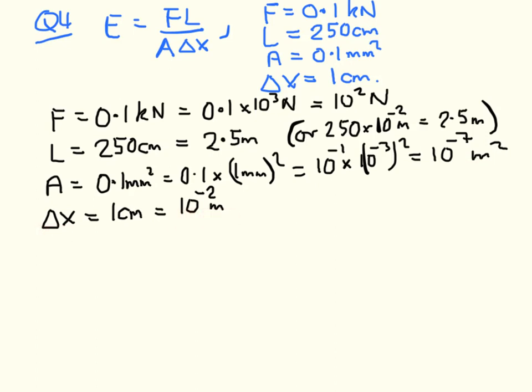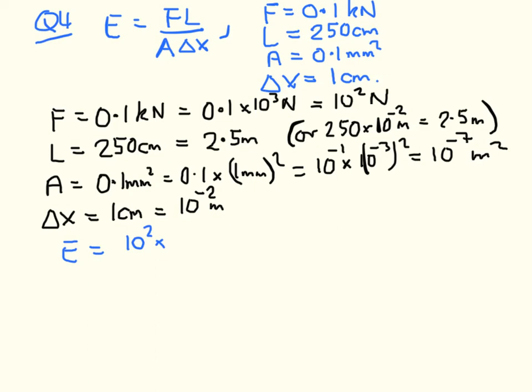So that means we can just substitute these values into our equation, and the wonder of the SI unit system, or any good unit system, is that the answer will then be automatically in SI units. So what do we say? E, F is 10 to the 2, and that's going to be in terms of newtons.